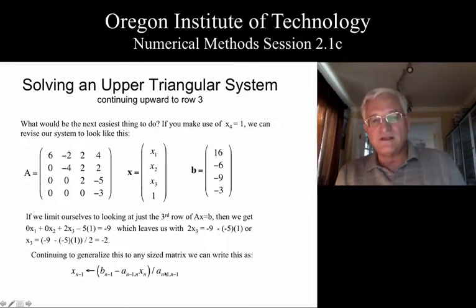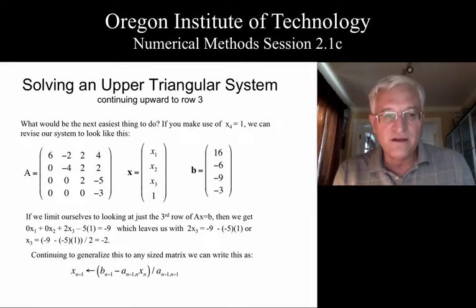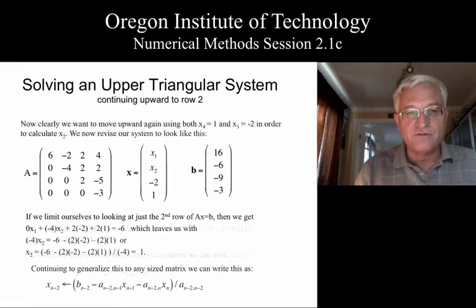And so the generalization looks exactly for an n by n as it does for a 4x4 or a 5x5 or anything else. I should probably focus now on the second row and plug in the results that I've already gotten for x4 and x3.